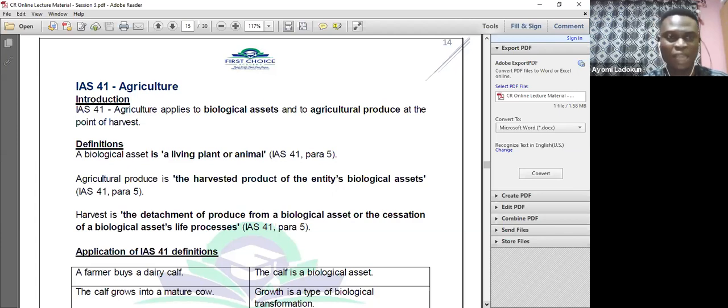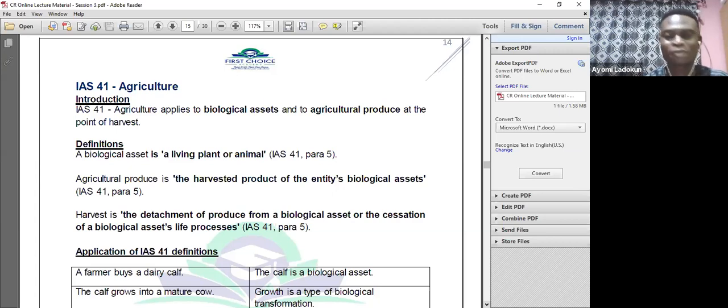then it is to be treated as an adjusting event. We were also able to look at the problems with IAS 10, that's window dressing. We said window dressing is an attempt to artificially improve the performance of a company. And what is adjusting or non-adjusting?